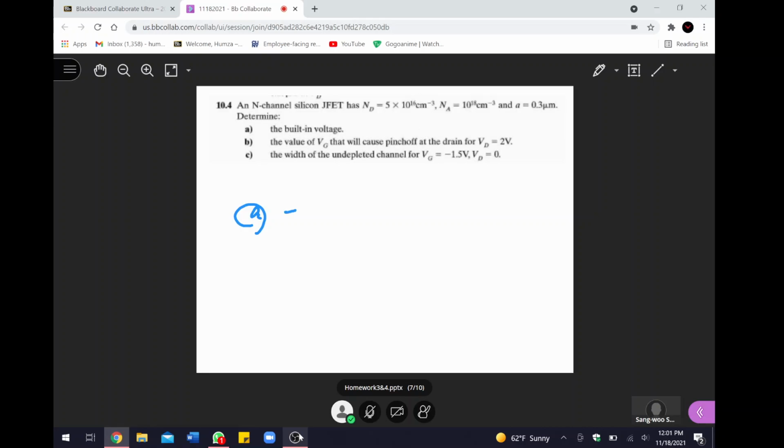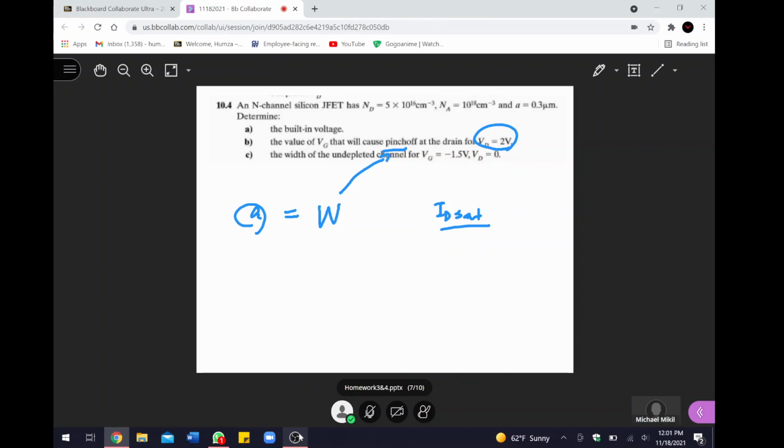When the channel width is equal to your depletion width, at that point the device reaches pinch off. It's related to the voltage. I understand that, but does it do anything to the drain current at all? The drain current will be saturated at that moment. ID reaches saturation when pinch off happens. Yes.